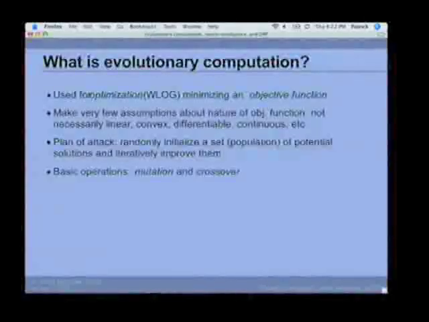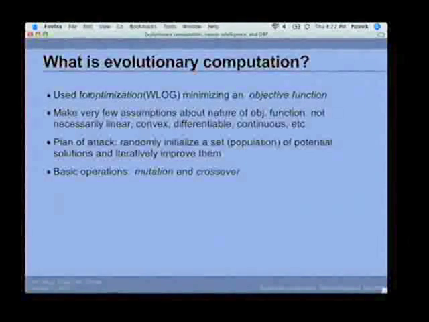At first, if you just randomly guess, those aren't going to be very good, but there will be variation. And so you have an iterative cycle where you reward the good solutions, the better ones, and you punish the bad ones. The unfit solutions will die off, and the good ones will survive.